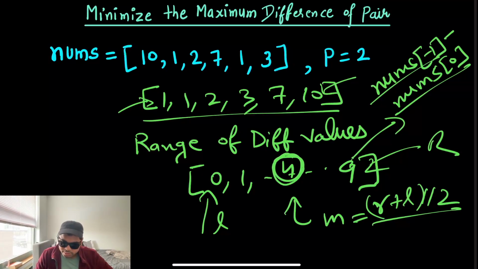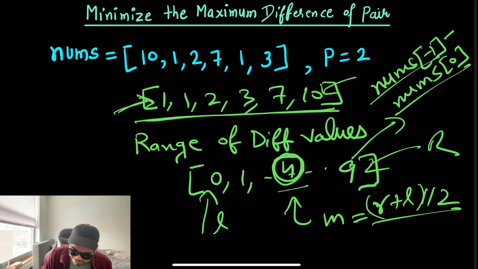If I'm choosing this as the maximum difference, I will now have a helper function which will take this mid value as the maximum difference and check linearly in this sorted array: can I find two pairs that have a difference that is less than or equal to 4?